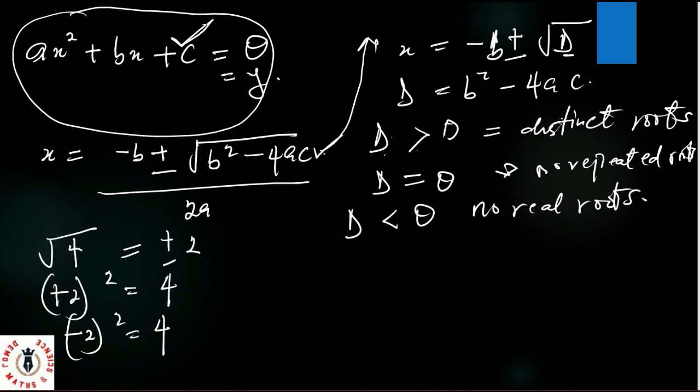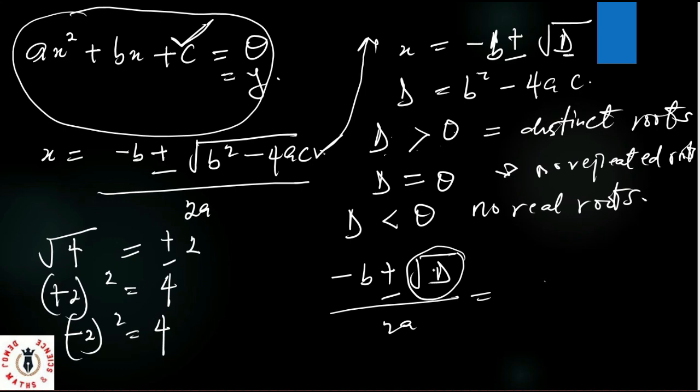When the value of d is greater than 0, that is positive, then minus b plus or minus the square root of d, which is positive, over 2a will lead to two different values, so I must definitely get distinct roots.